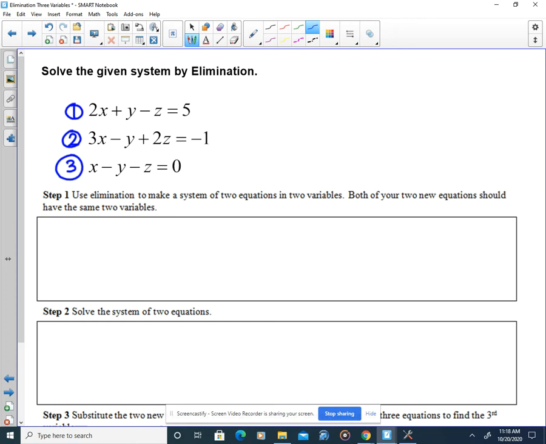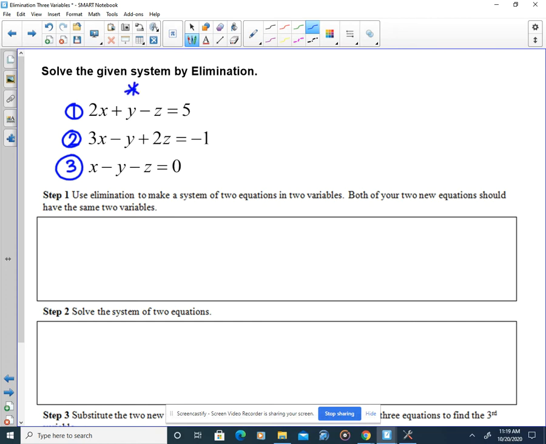Well, on the x's, we don't have opposites. We got 2, 3, and 1 are the coefficients. On the y's, we got 1, -1, and -1. So we have some opposites there. So it looks like the y's are going to be the easiest. Well, let's check the z's. Z's, we got -1, 2, and -1. So the easiest variable to eliminate would be the y's.